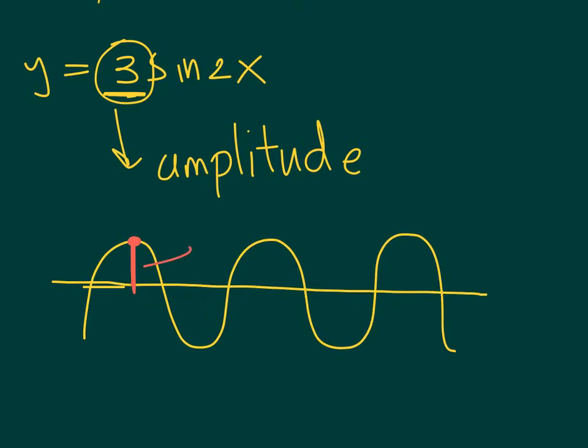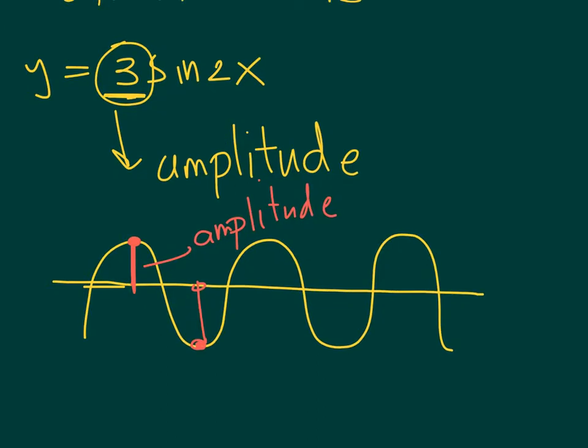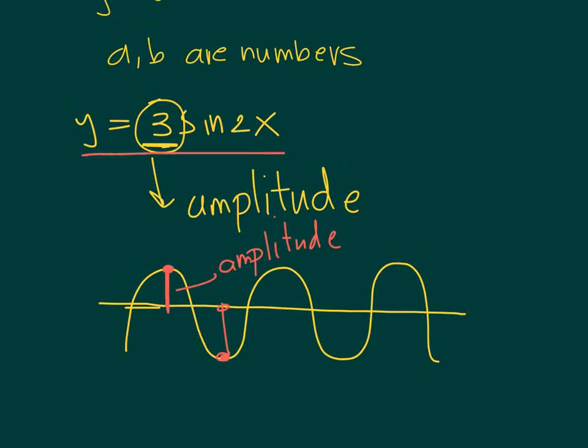So this red mark is the amplitude: how high from the middle your graph goes. If you measure from this line down to the lowest point, you get the same number. So in relation to this example, y equals 3 sine 2x, the amplitude of the graph will be 3.